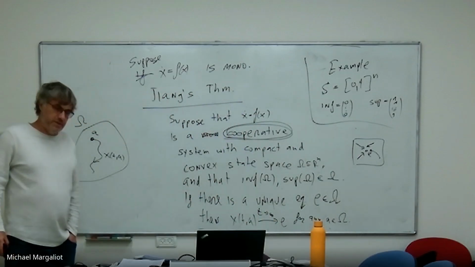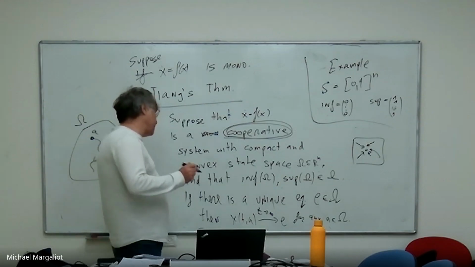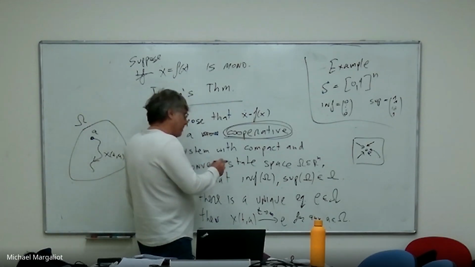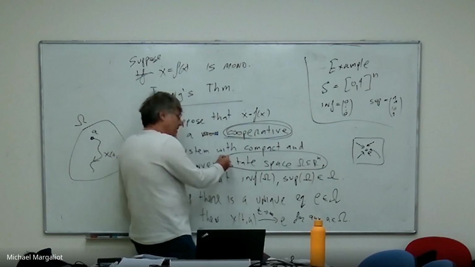Questions about what this theorem says? Hello, sir. I have one question. Excellent, please. Sir, does this theorem have something to do with a dissipative dynamical system? That is, if the Jacobian is of some dissipative nature? Well, dissipativity is needed sometimes to make sure that you have an invariant state space.